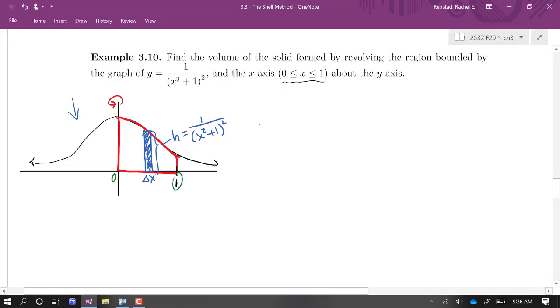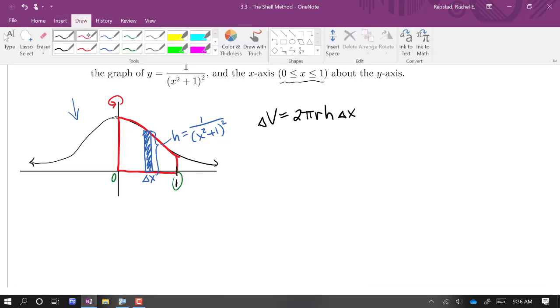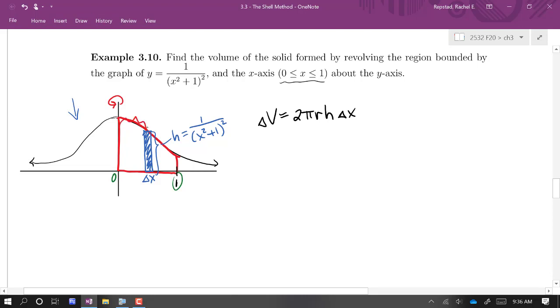Now our sample shell, again, the only formula I memorize for shells is 2 pi RH times thickness. Thickness is again delta x because it's a vertical rectangle. Our radius is again x.